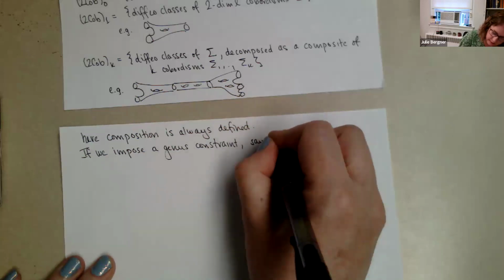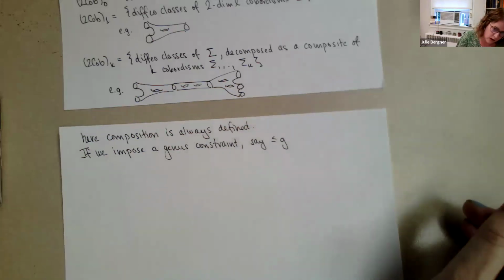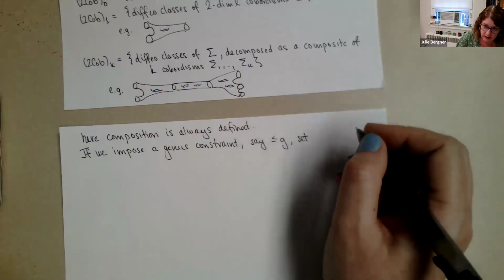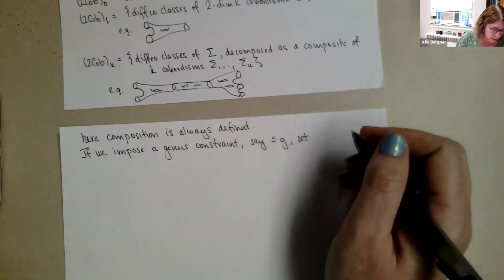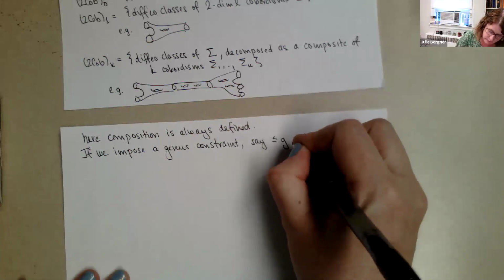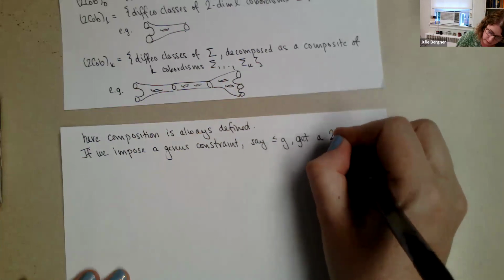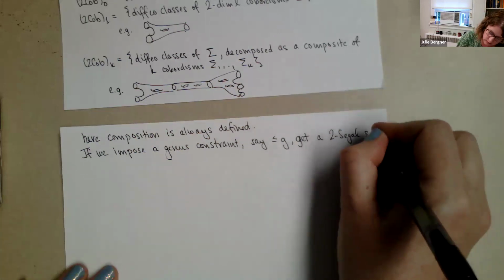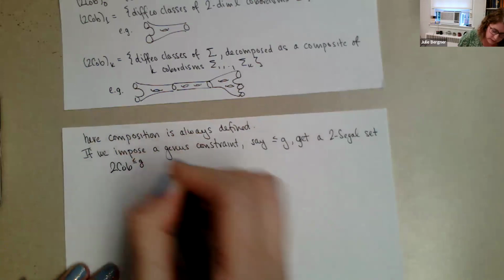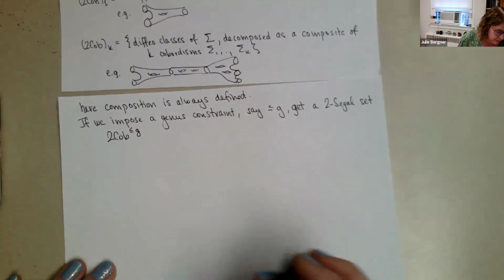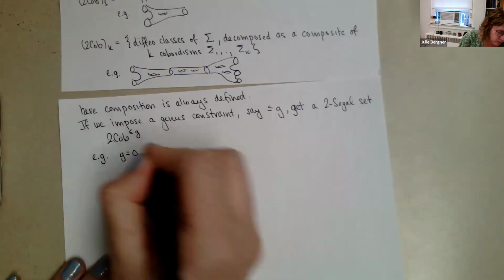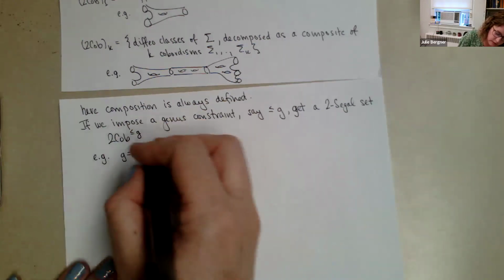So let's say the genus can go no higher than some fixed G, then we can no longer compose everything because we might do a composition that would make the genus go too high. So we get a 2 Segal set that I'll write 2Cob with genus less than or equal to G.